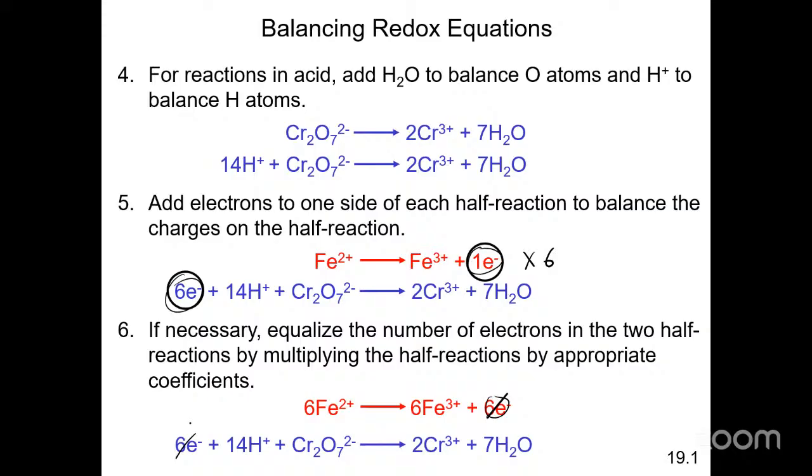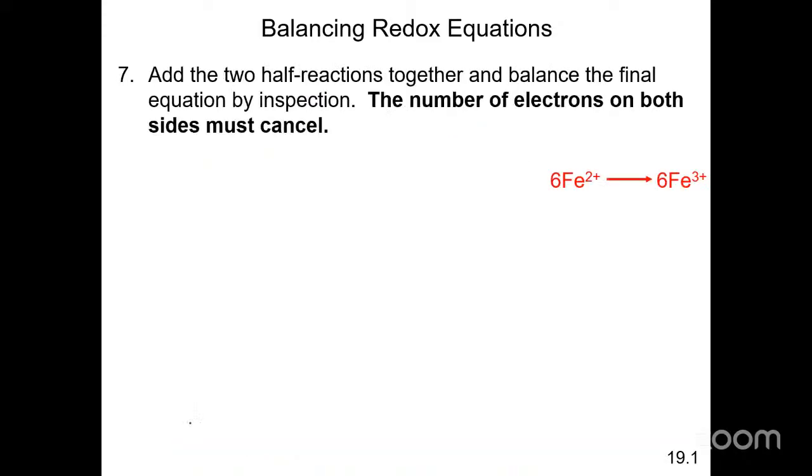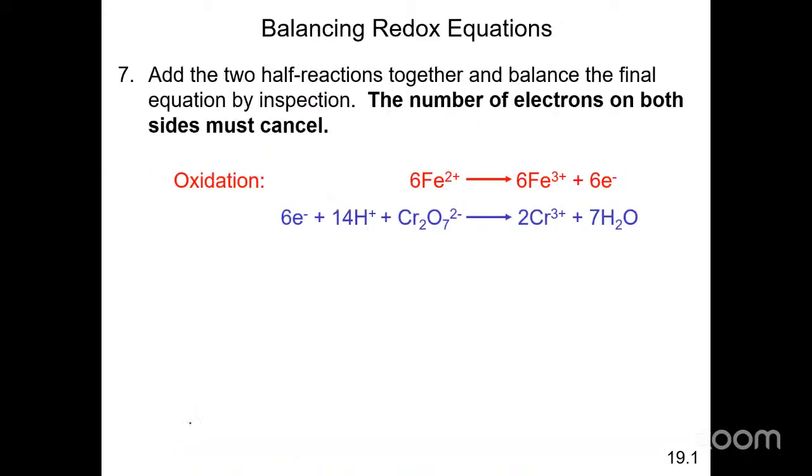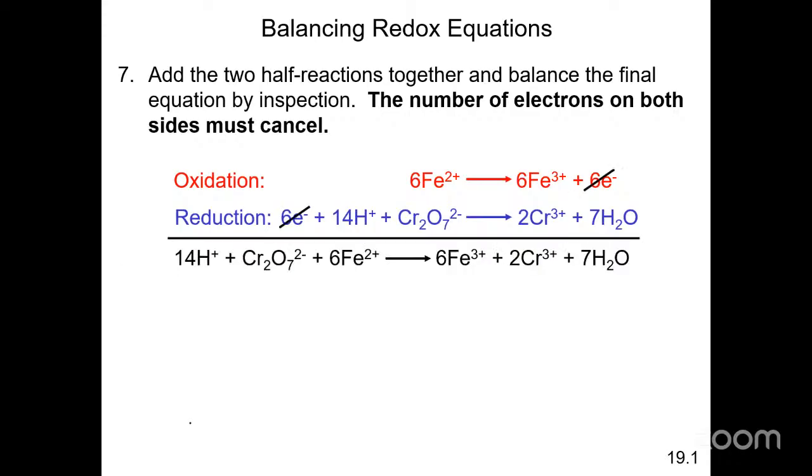In some cases, we're going to look at some examples shortly, other items are canceled, namely water and hydrogen ions, but we'll look at that later on. In this case, however, the electrons cancel out and you add up what's left. This is the result of the addition of these 2. The 6 electrons cancel out and you're left with the final answer, which is shown there. And that would be the balanced equation.